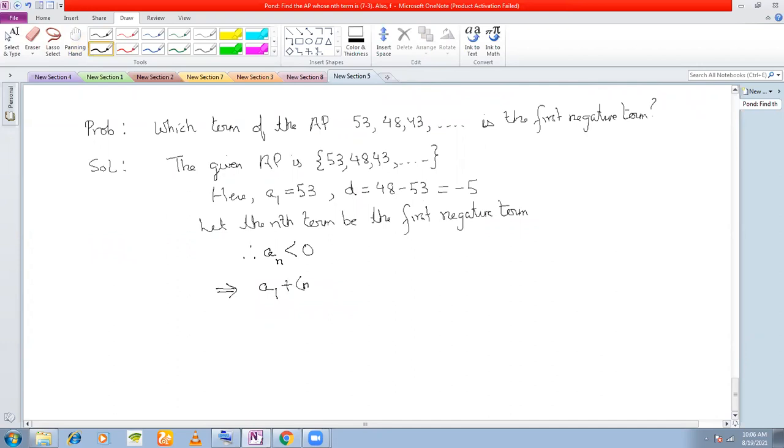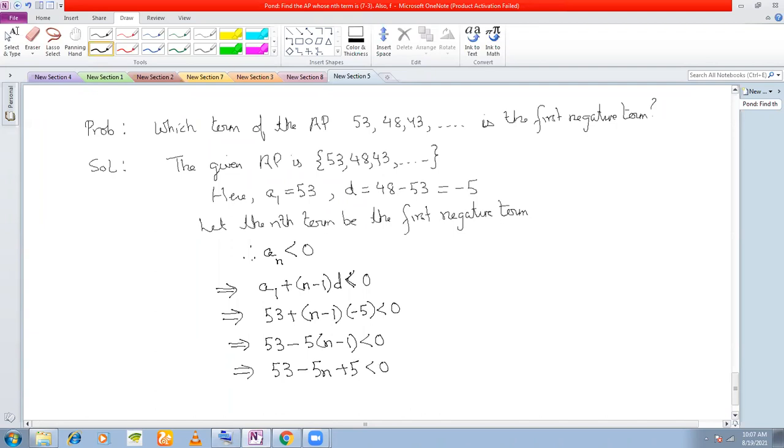A1 plus n minus 1 into d is less than 0. Here, A1 is 53 plus n minus 1, and d here is minus 5, less than 0. So you get 53 minus 5 times n minus 1 is less than 0. That means 53 minus 5n plus 5 is less than 0.